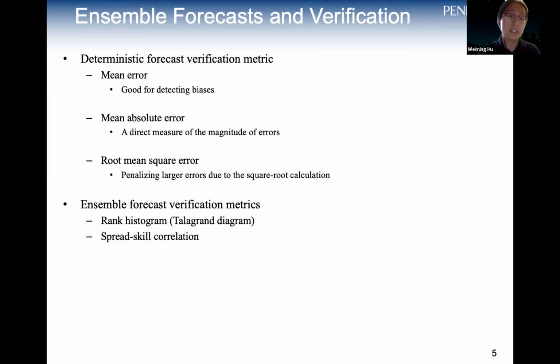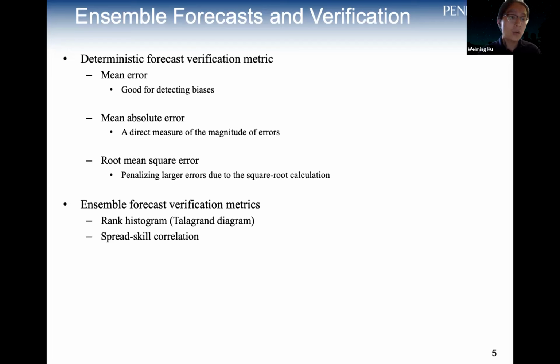Mean absolute error is a direct measure of the magnitude of the errors. And finally, if you are using RMSE, you are telling the loss function to penalize more on the larger errors. So those are different choices typically in the realm of deterministic verification.